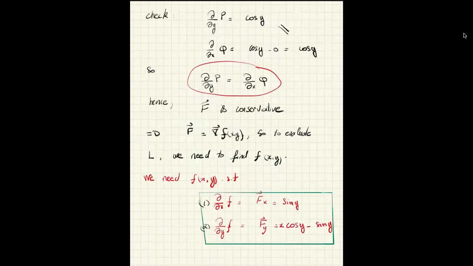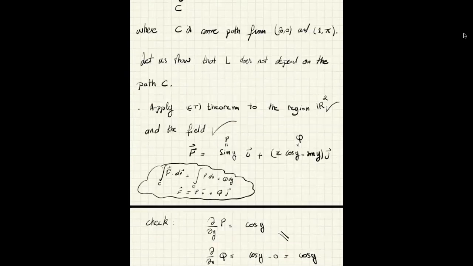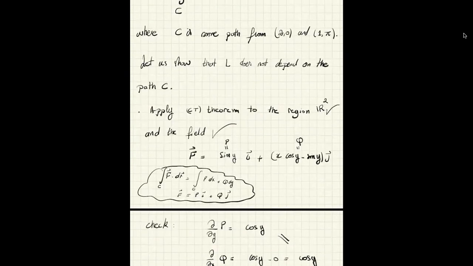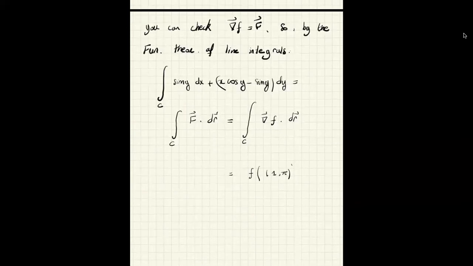Remember, we had two points, right? It's the point (1, pi). That's the end point, and that's the starting point. Minus f of (2, 0). So this is by the fundamental theorem of line integrals.